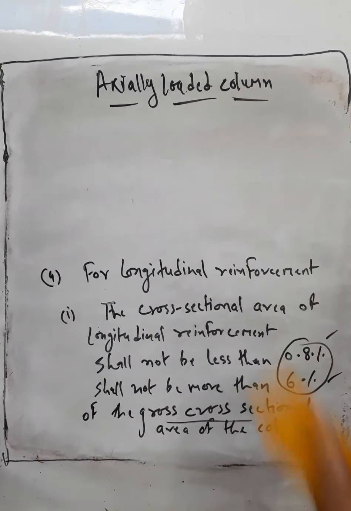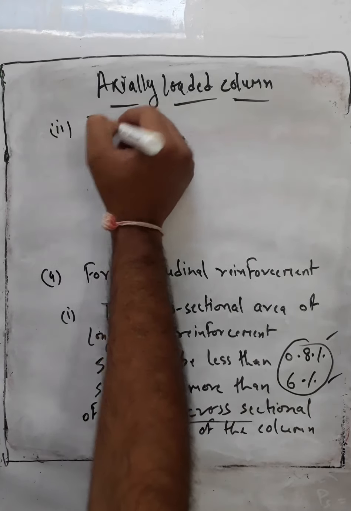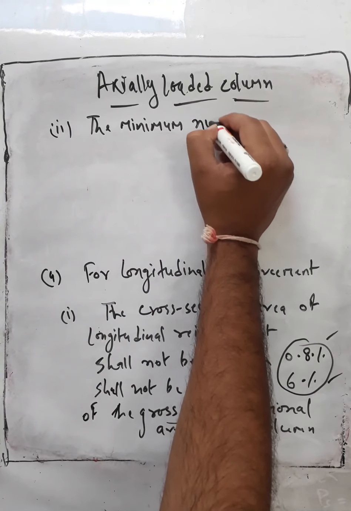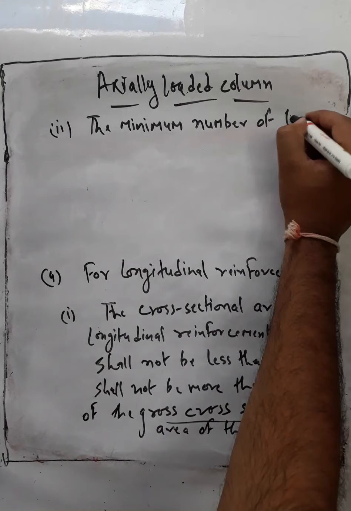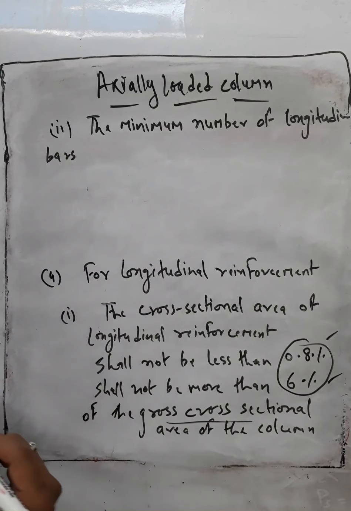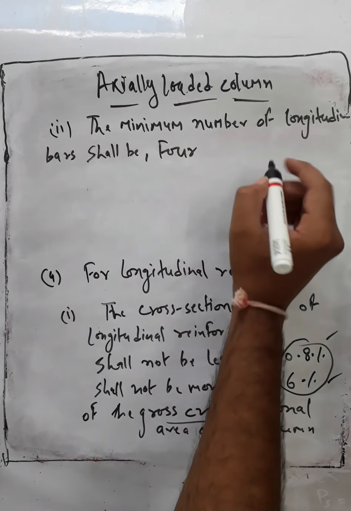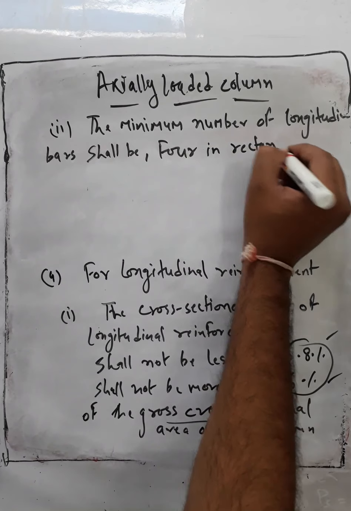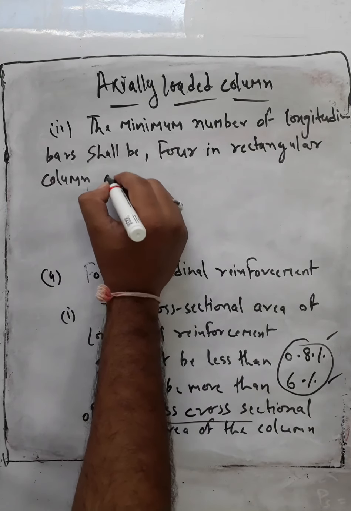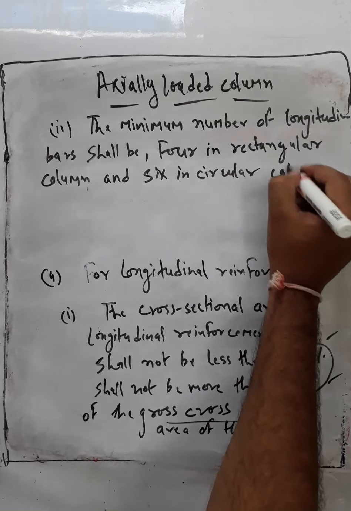Now second point, the minimum number of longitudinal bars shall be 4 in rectangular column and 6 in circular column.